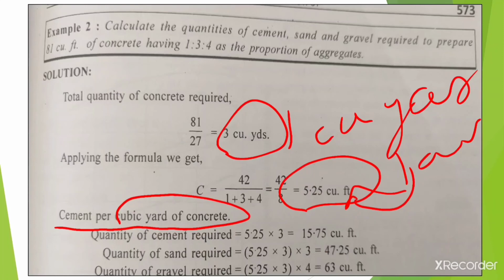So the total quantity of cement required for the 3 cubic yards will be 5.25 into 3, so the answer will be 15.75 cubic feet quantity of cement that is present in 3 cubic yards of the total concrete. Then next, quantity of sand required.